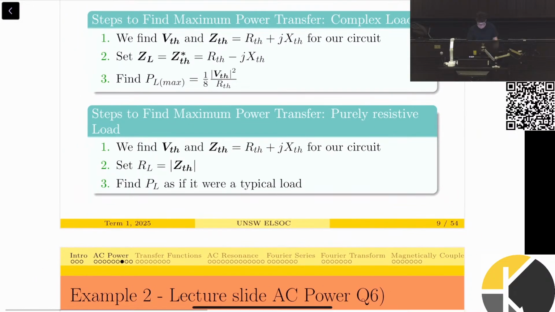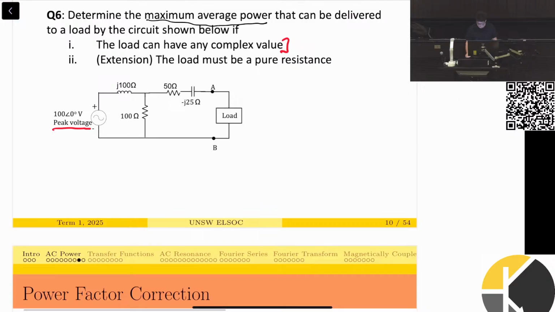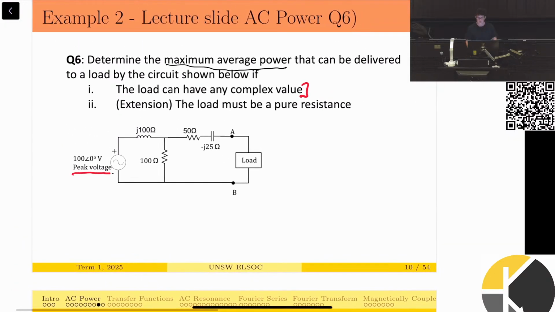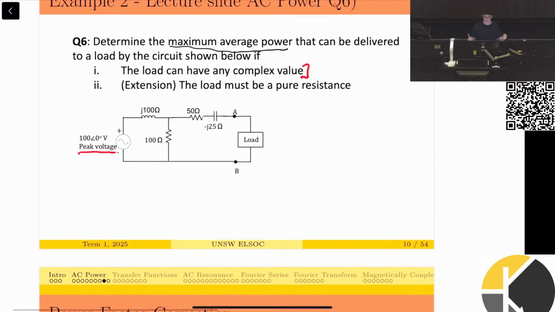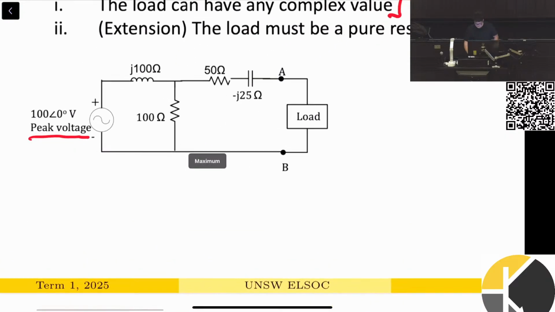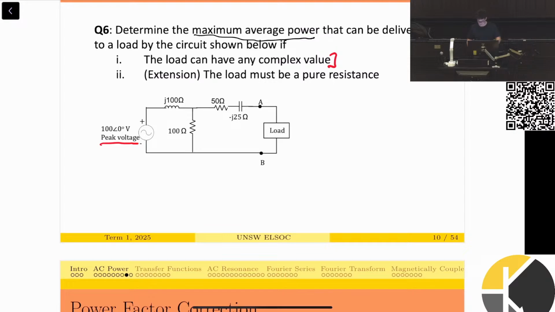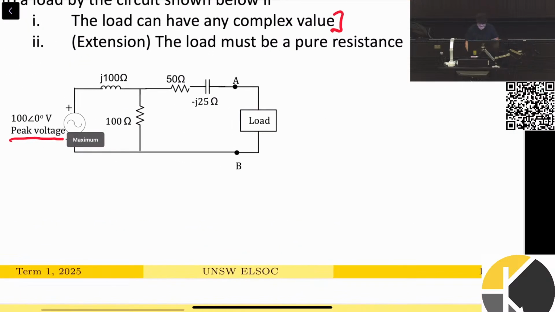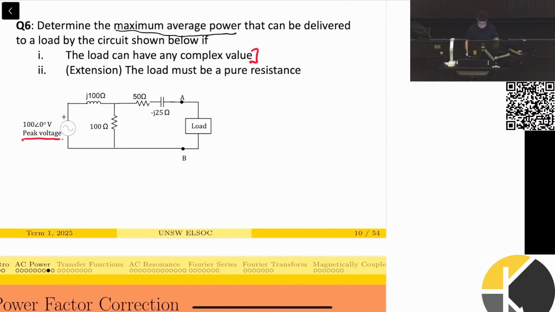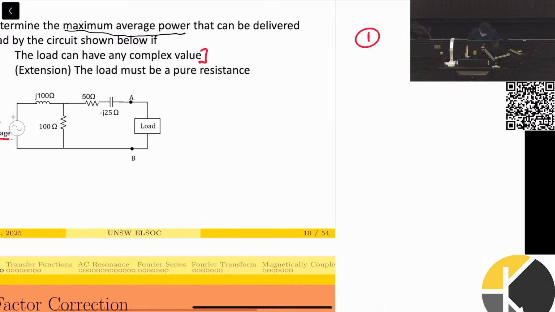So if you actually see over here, this is for RMS. Okay, so the first step, V Thevenin and Z Thevenin. This should be a problem you guys have all done by now. Let's find V Thevenin and Z Thevenin for our circuit.